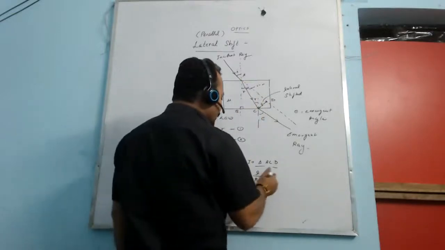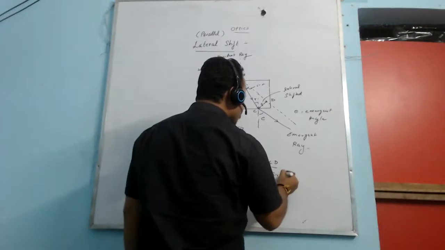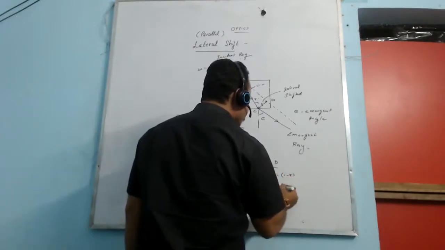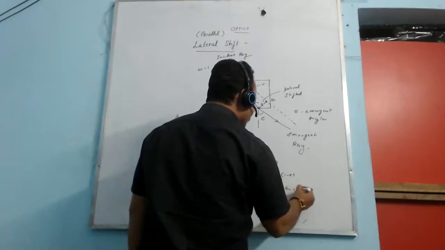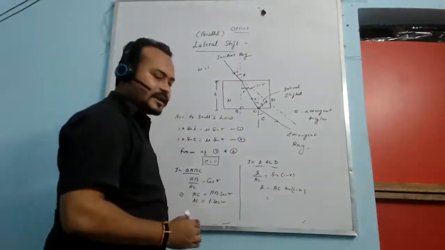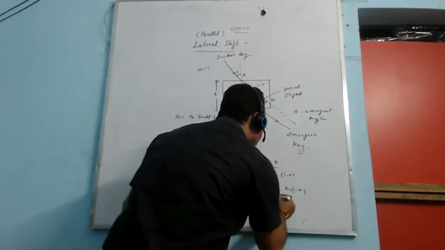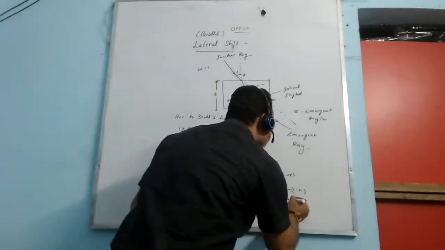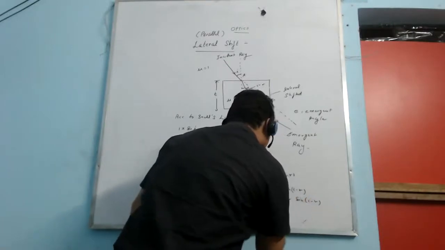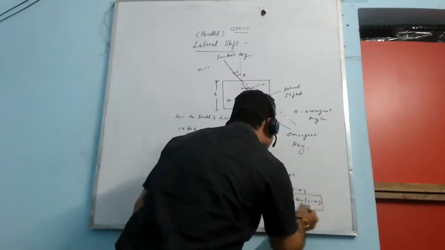Then perpendicular upon hypotenuse equals sine of I minus R, so L equals AC into sine of I minus R. We know AC is T sec R, so L equals T sec R into sine of I minus R. This is the value of the lateral shift.